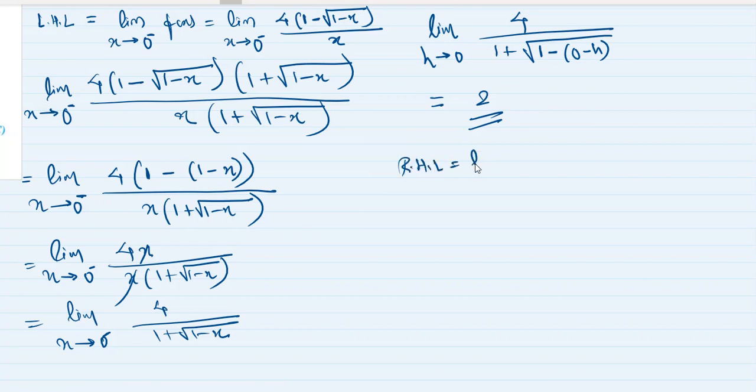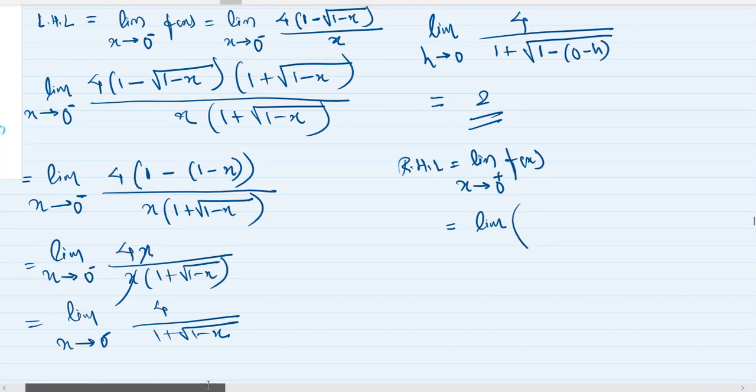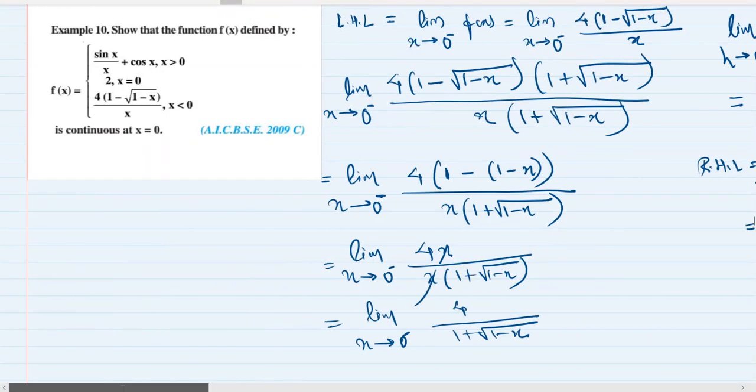RHL is limit of f of x when x tends to 0 from the positive side, which is equal to limit of, now whenever we are approaching x from the right hand side, we have to use the first definition of the function, sin x upon x plus cos x.